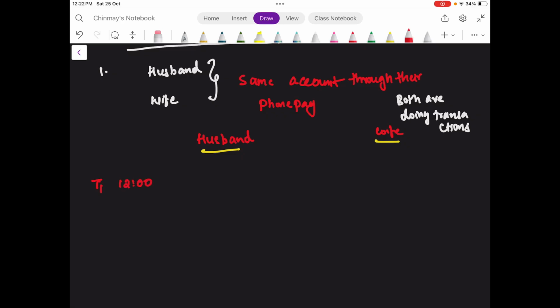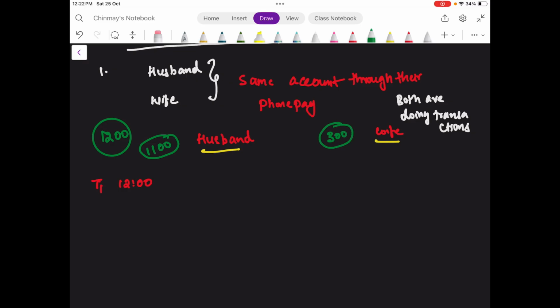First, when the husband is transferring, there is an account balance of 1200 rupees in the account. Your husband is trying to debit 1100 rupees and the wife is trying to debit 300 rupees.